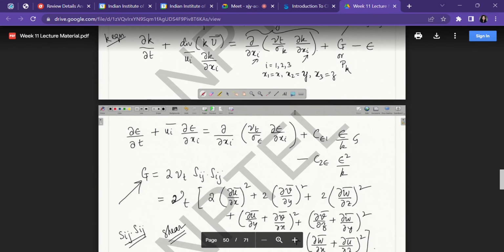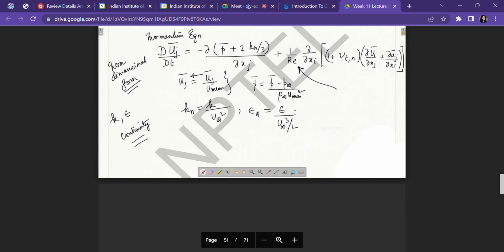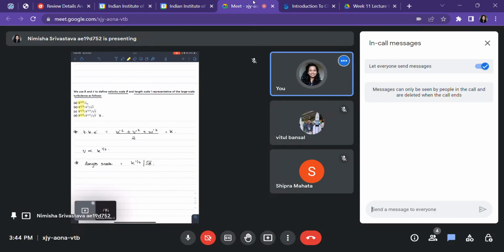Okay, so the right answer, I'm sorry, is actually C. Length scale is K to the 3 by 2 by epsilon.